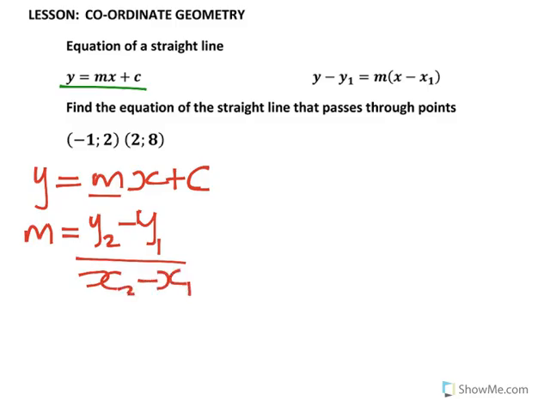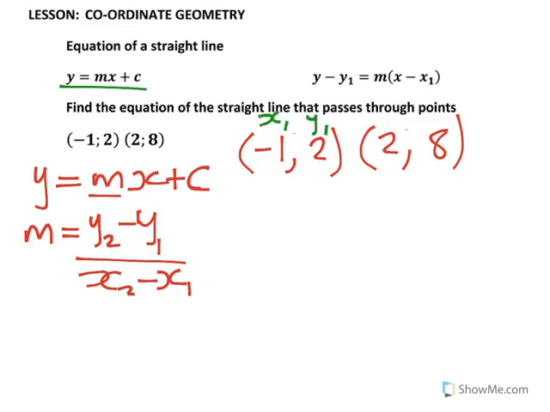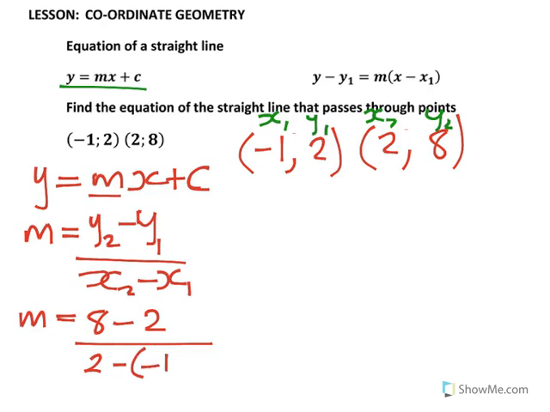What am I given? I know my points are (-1, 2) as well as (2, 8). The first one is x1, y1, and the second is x2, y2.